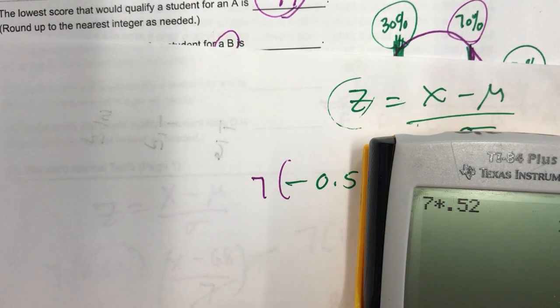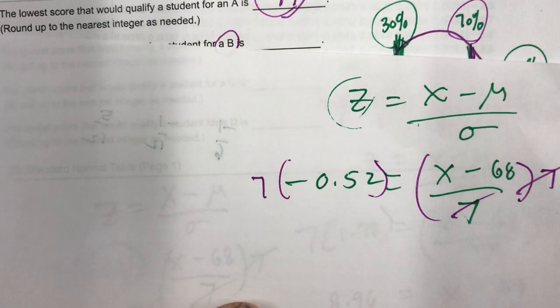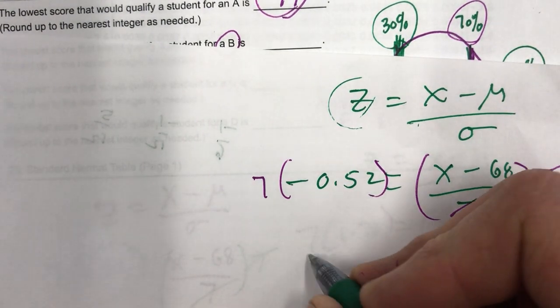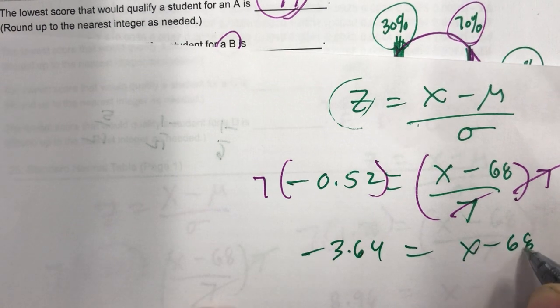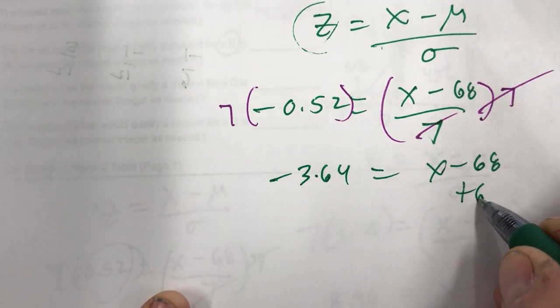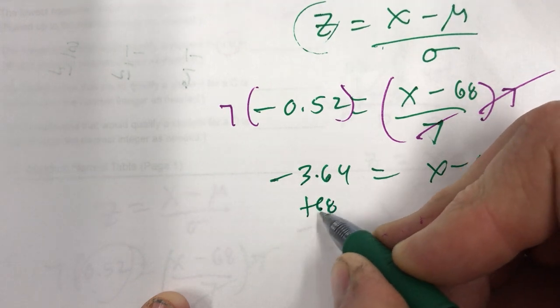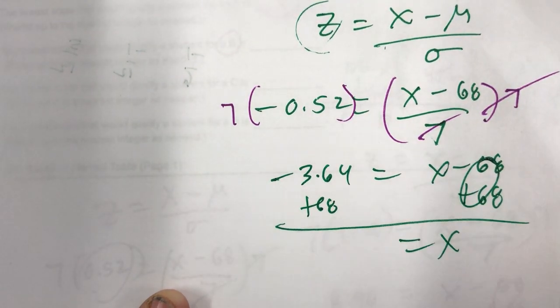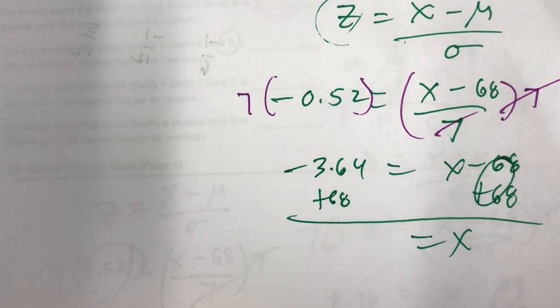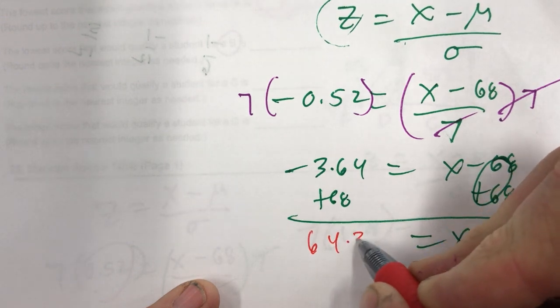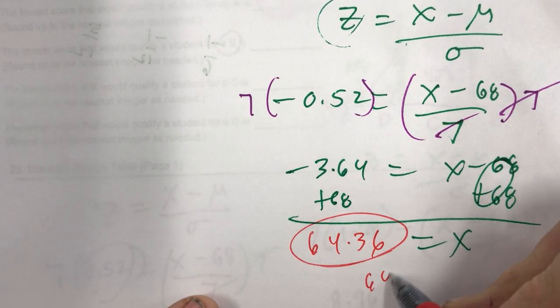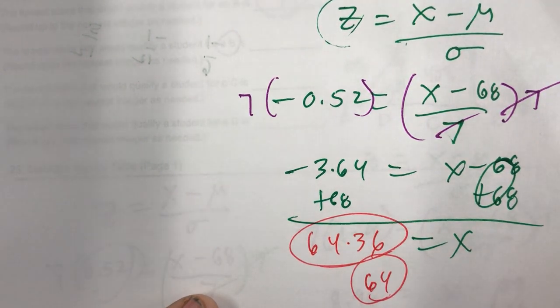So it's going to be negative 3.64. Then I'm going to add 68, and so 64.36, which rounds to 64.